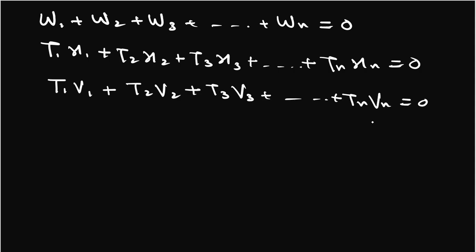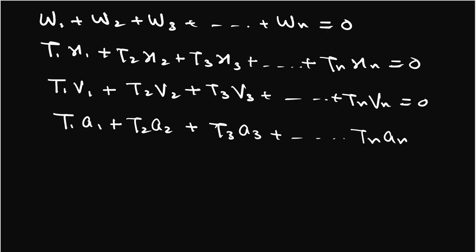Again, if the particle is moving along the direction of tension, Tn into Vn will be positive. If both are in opposite directions, it will be negative. Or if we differentiate one more time, we will get T1 A1 plus T2 A2 plus T3 A3 plus Tn An is equal to 0.